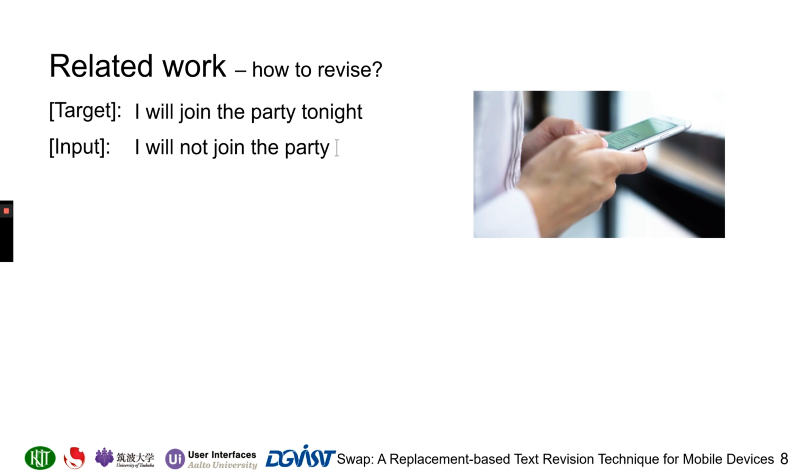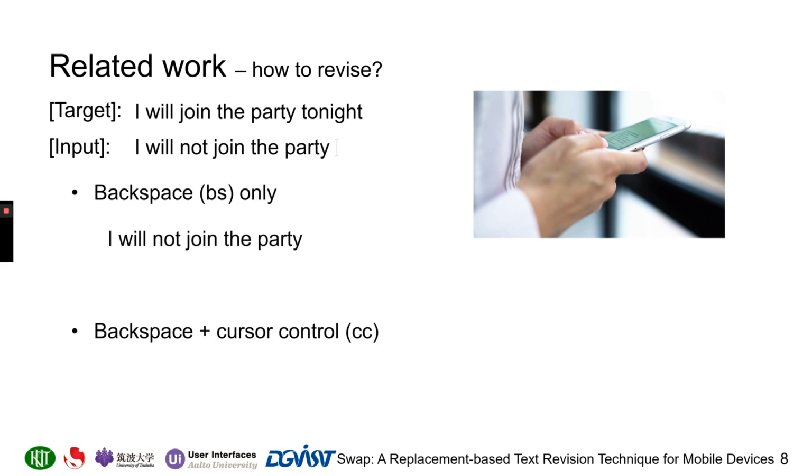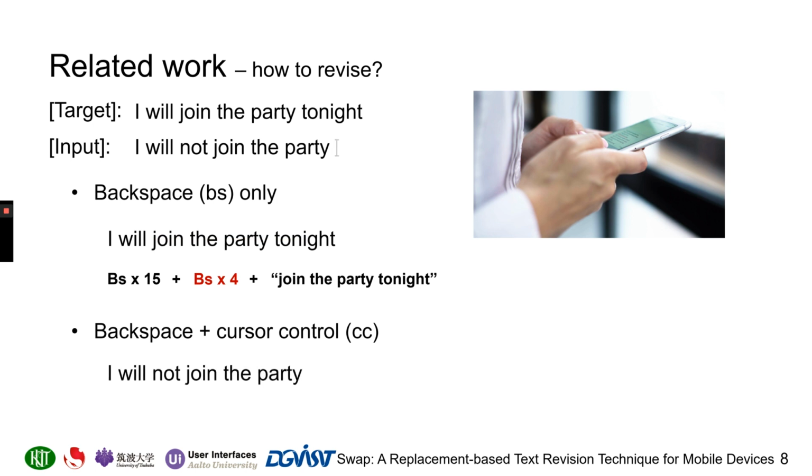Usually we have two solutions. One is to use the backspace only, and retype the content. The other is to first move the cursor, then use backspace to delete, move to the end, and finish.